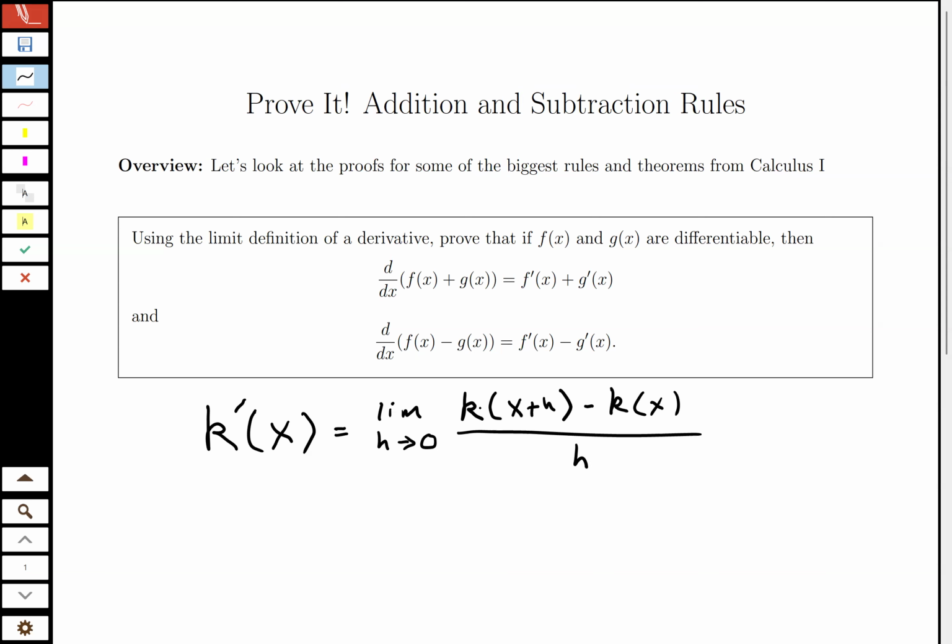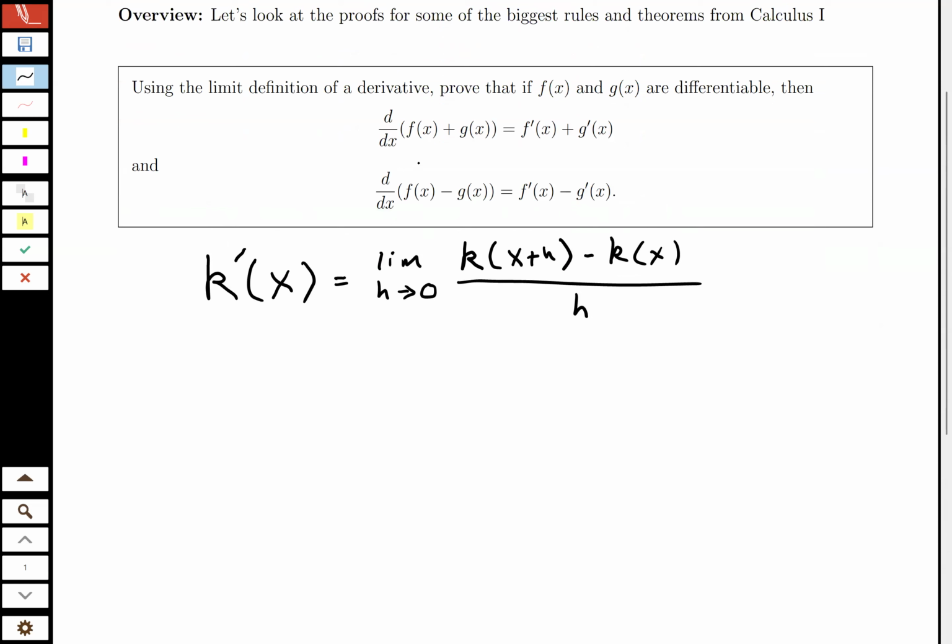So this k of x plus h minus k of x is like y2 minus y1. If you were to subtract the insides, x plus h minus x, you would get that h there. So this is very much like a rise over run situation. We're looking at slope. Let's go ahead and prove the addition formula here, and we'll see that the subtraction formula is just a modification of this.